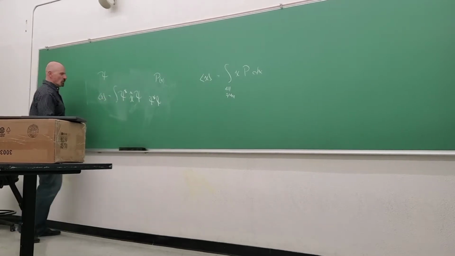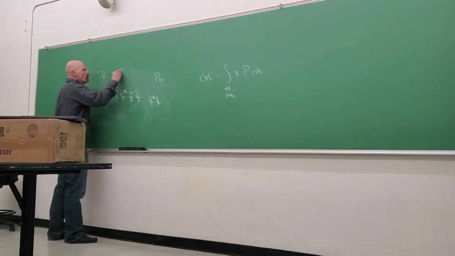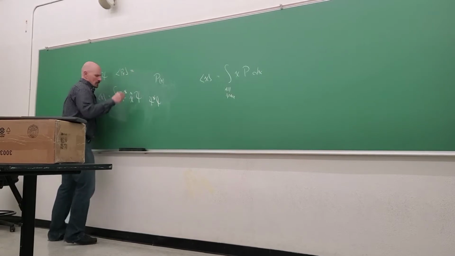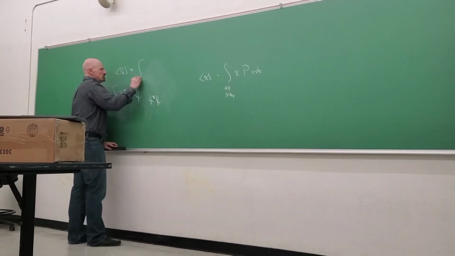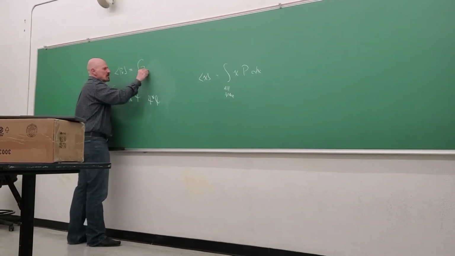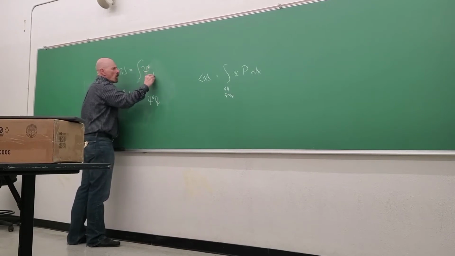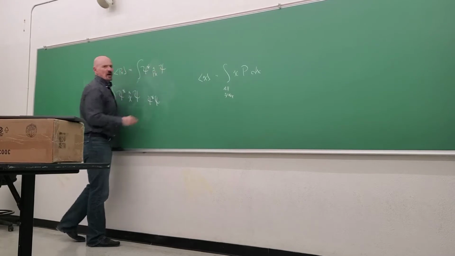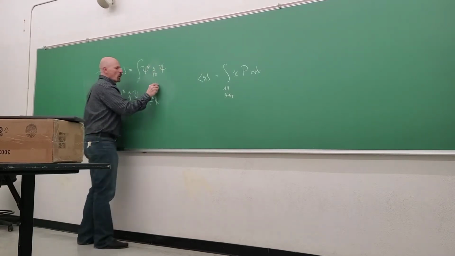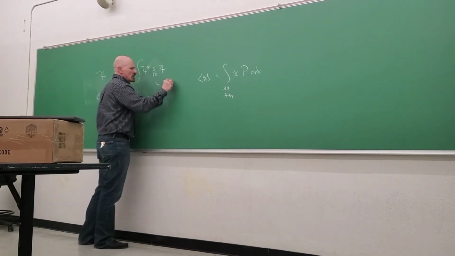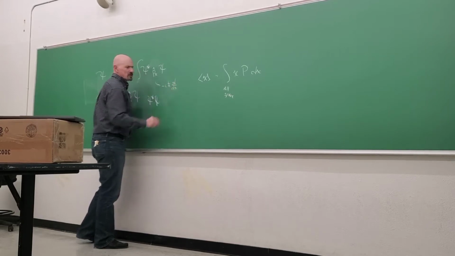So if I were asking for the average momentum, I would put this integral again over all space, psi star, momentum operator, times psi, where the momentum operator in quantum mechanics is minus i h bar d/dx.